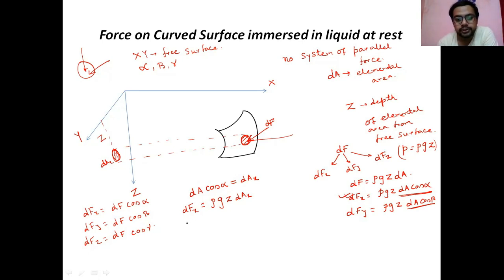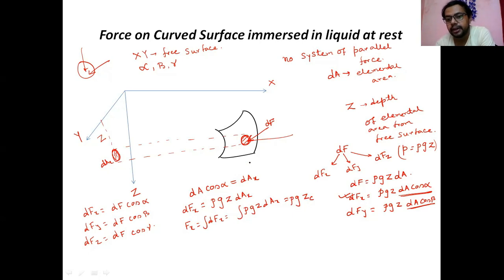So what is the total force along the x-axis? Fx, if you do the integration in this way, rho g comes out of the integration, z is equal to zc.